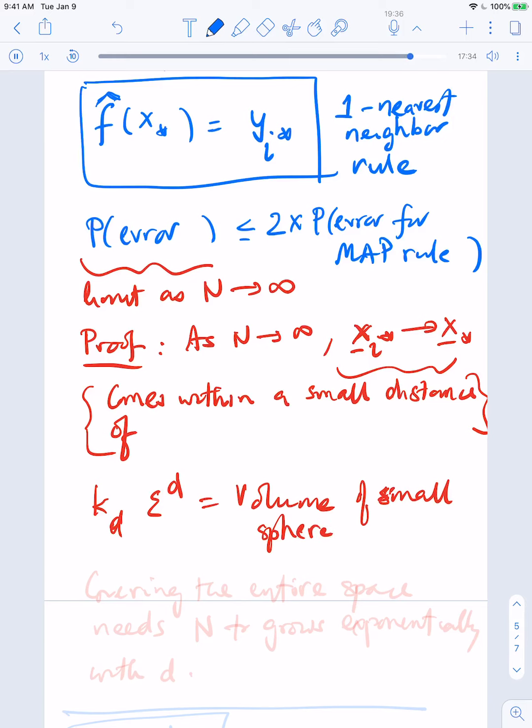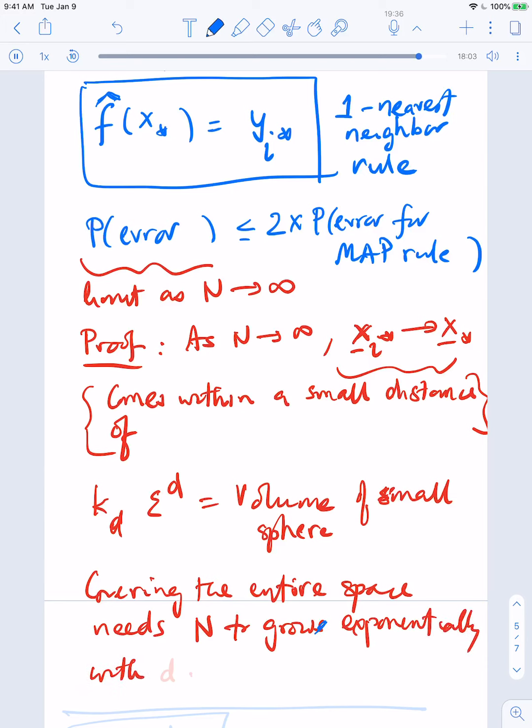And if that's what you need for the classification to work well, again you are back to the curse of dimensionality, saying that covering the entire space needs n to grow exponentially with the dimension. And so that's what the curse of dimensionality is.